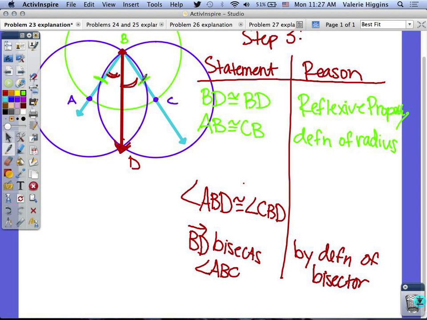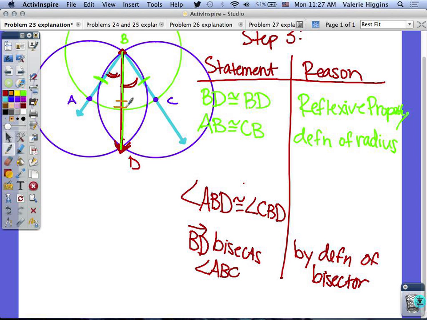All right, what else can you say? We've said that BD is congruent to itself. We've said that AB is congruent to BC. What else can we say? Okay, where's the line that you drew last time?